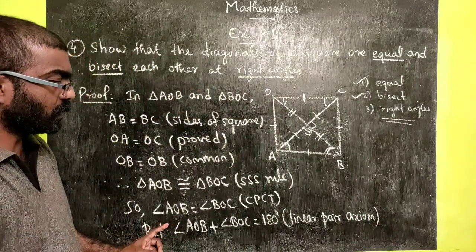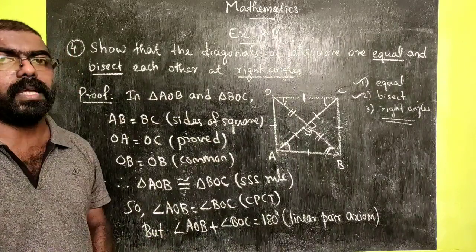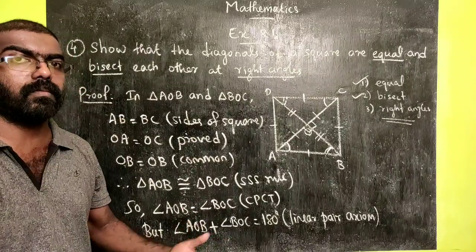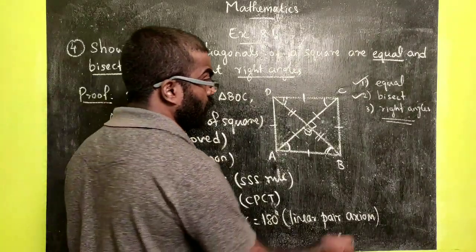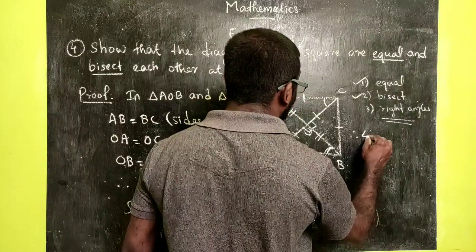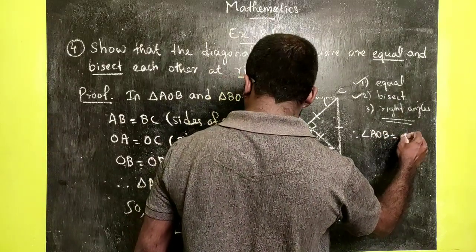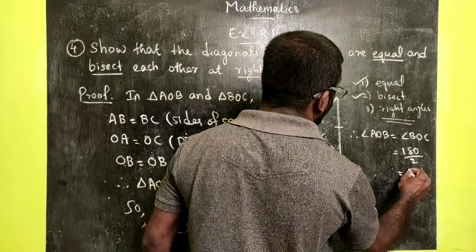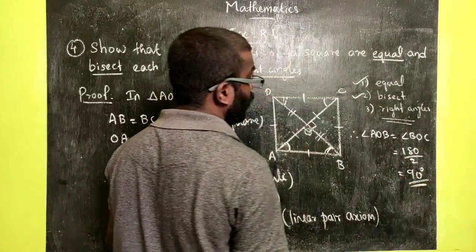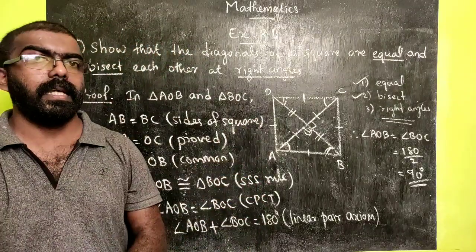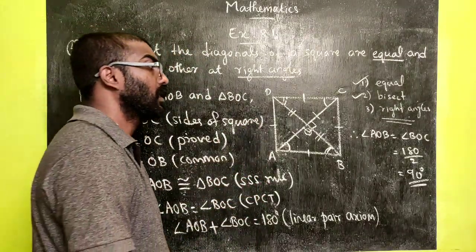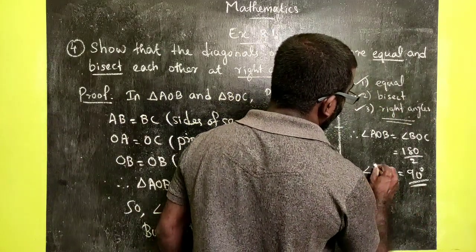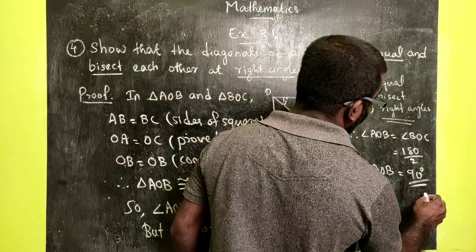By combining these two steps, we can write each angle will be equal to 90 degree. Here sum of angle 180 degree and both are equal, so each one will be equal to 90 degree. Therefore angle AOB equal to angle BOC, that will be equal to 180 by 2, 90 degree. That means the diagonals bisect each other at right angles. So third part is also over. This we can take it as equation number 3.